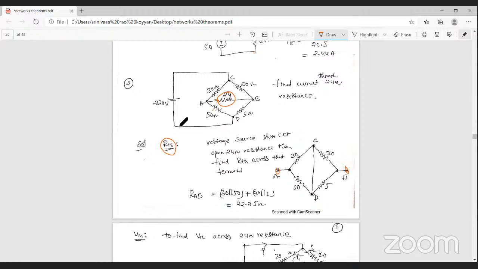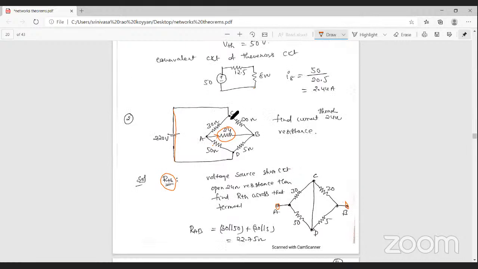According to case 1 problem, the voltage source is present here, that's why the voltage source is short circuited. Then C and D terminals are short circuited, and A B terminals are open circuit.